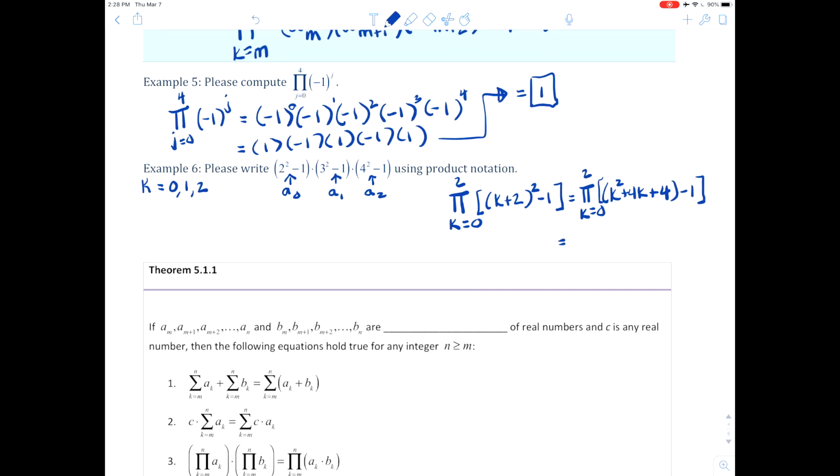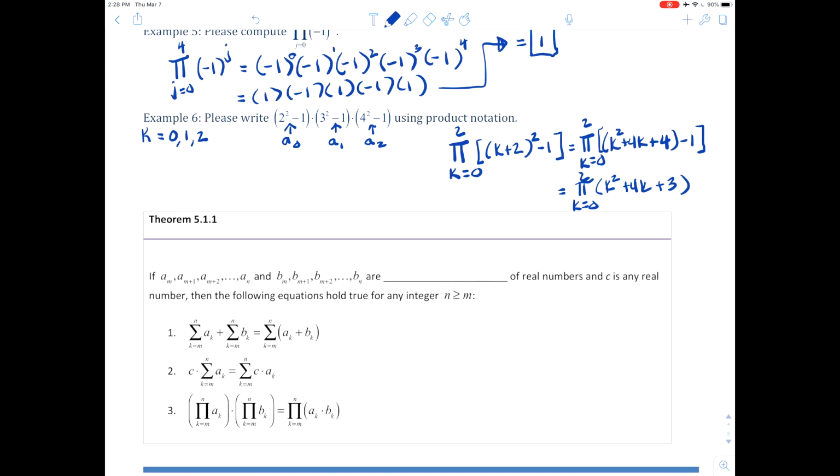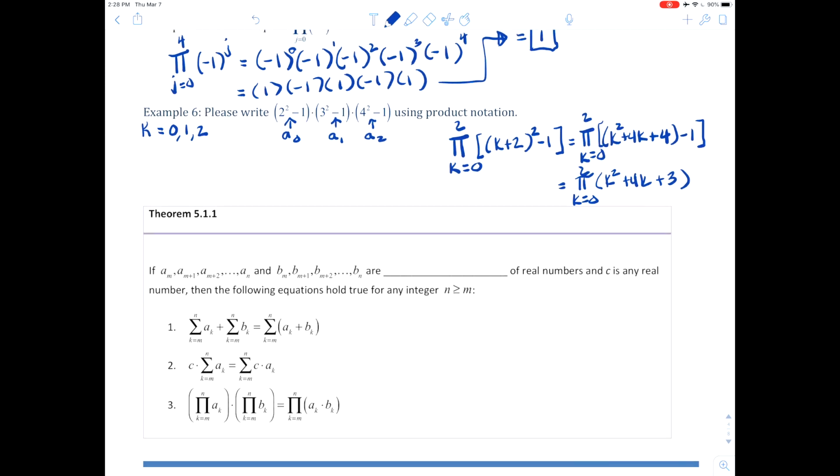And that in turn would give us the product from K equals 0 to 2 of K squared plus 4K plus 3, which could be factored, right? But we'll just keep it like that for now, all right?